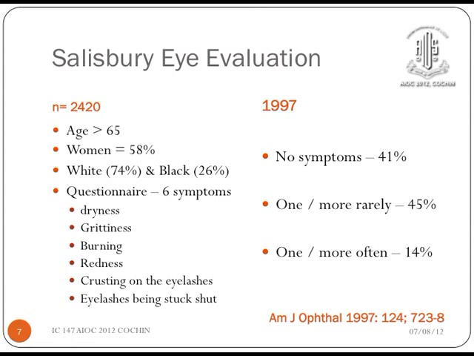White patients comprised 74%, and a questionnaire survey was done on these patients, and 6 symptoms were assessed: dryness, grittiness, burning, sensation, redness, crusting on the eyelashes being stuck. 41% of the patients reported no symptoms. 45% of patients reported one or more symptoms rarely. And 14% had one symptom very often.